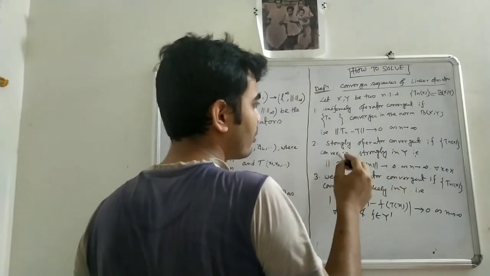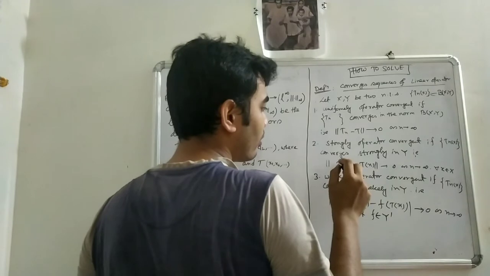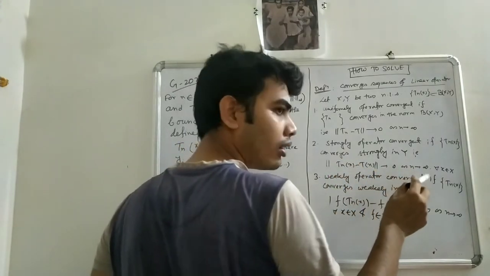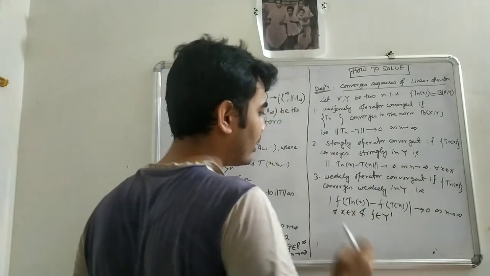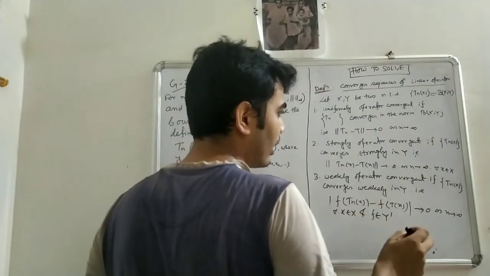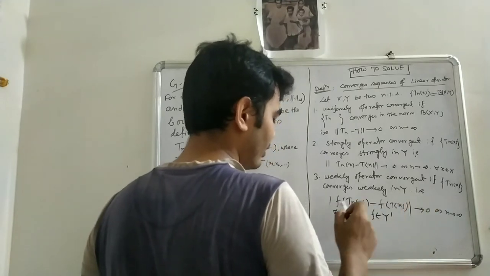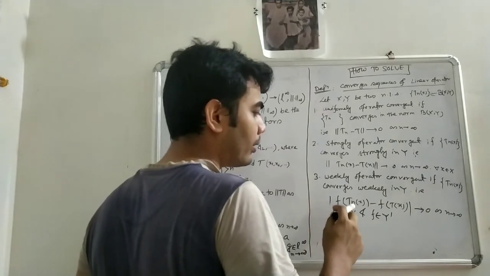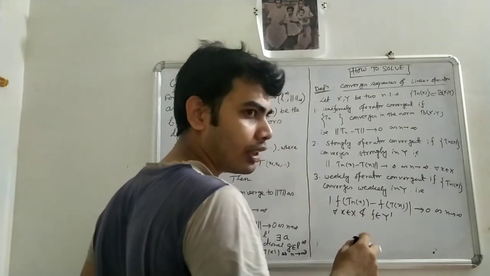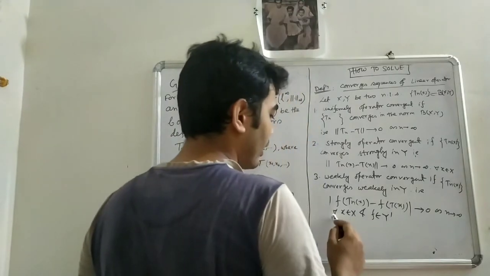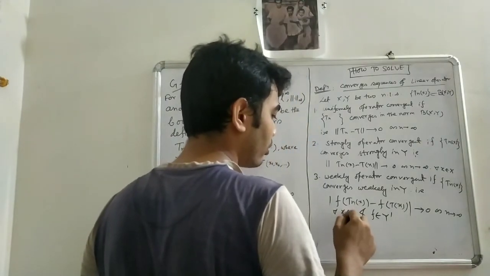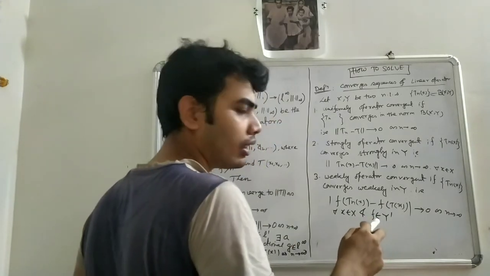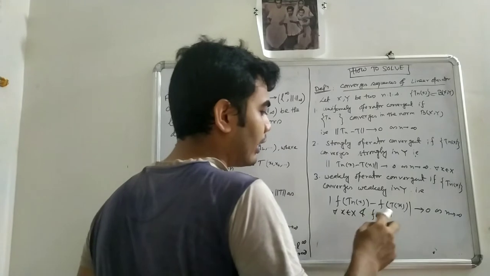Number two, strongly operator convergent, if norm of T_n x minus T x tends to 0 as n tends to infinity for all x belongs to capital X. And third is weakly operator convergent, if T_n x converges weakly in Y, so that is modulus of f of T_n x minus f of T x tends to 0 as n tends to infinity, and this holds for all x belongs to X and f belongs to Y dash, where Y dash means the set of all bounded linear functionals on Y.